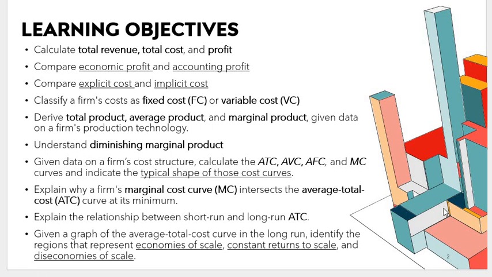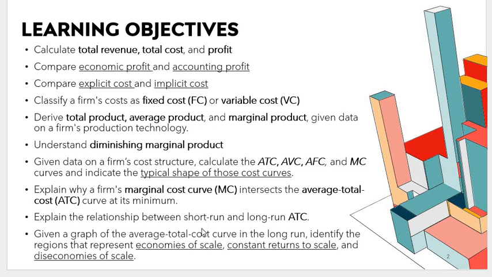In this chapter, we'll be drawing a lot of graphs again. With the given data, we can depict average total cost, average variable cost, average fixed cost, and marginal cost curves, and we'll study the shape of each cost curve and the relationship between the different cost curves.